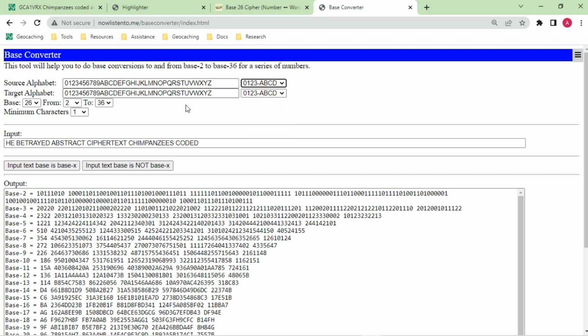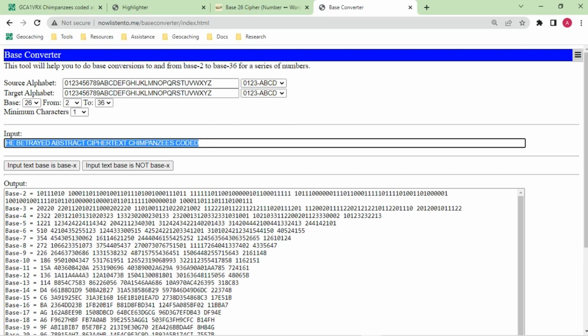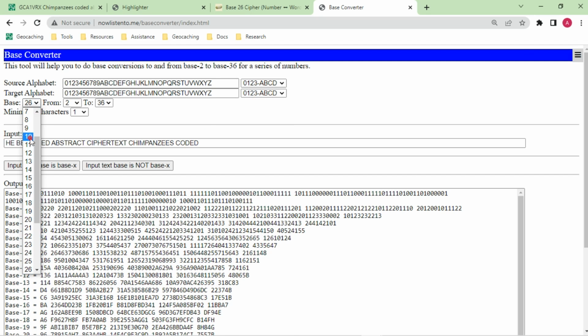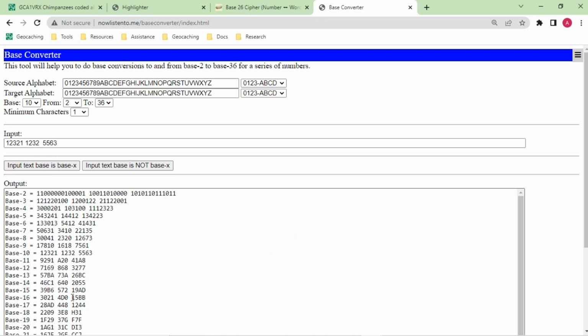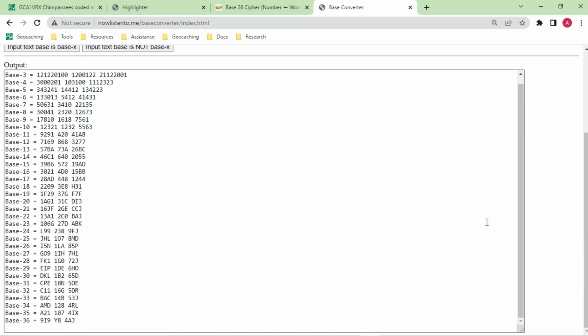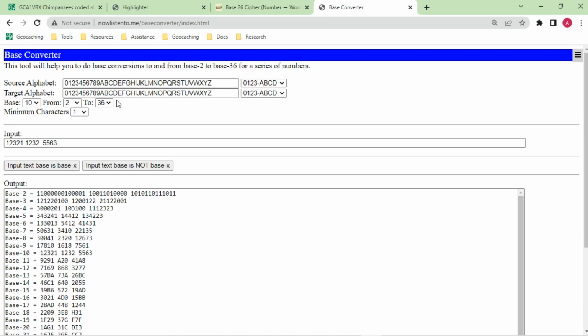But of course, this one is pretty easy also if you want to do just base conversions. Say, okay, I have a certain number that I have here, or maybe several numbers. If the source, the input text is base 10, then it will show you what they would look like in another base, and you see individual numbers all the way till the base 36.